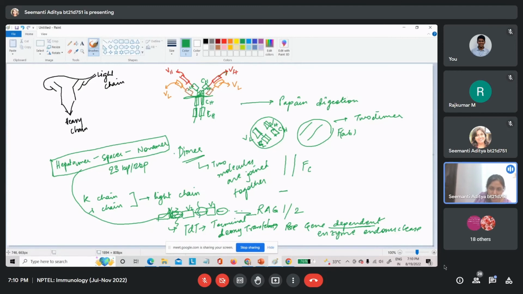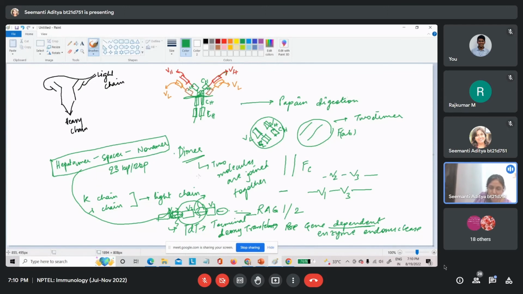If it recognizes between V1 and V3, this particular V2 will be cleaved out, and we will get only a recombined V1, V3. If it recognizes the sequence between V1 and V2, then V1 will be cleaved out, and we will get V2 and V3 as the recombined sequences.